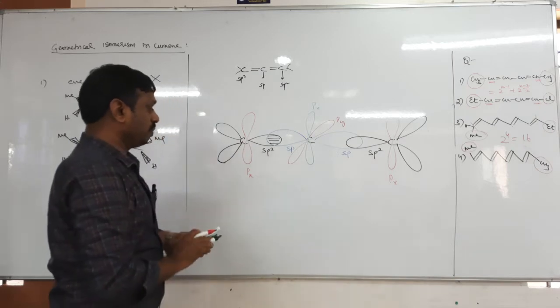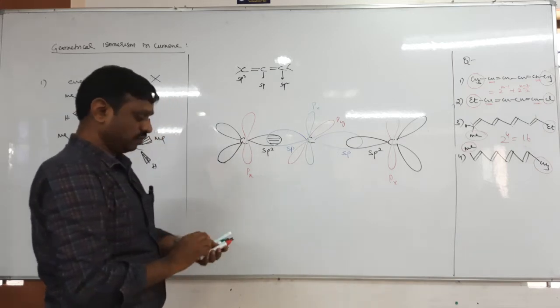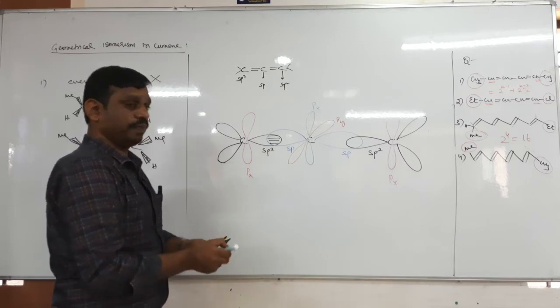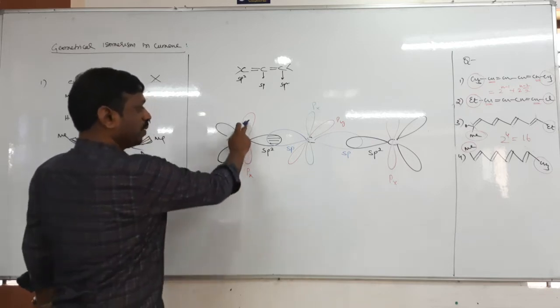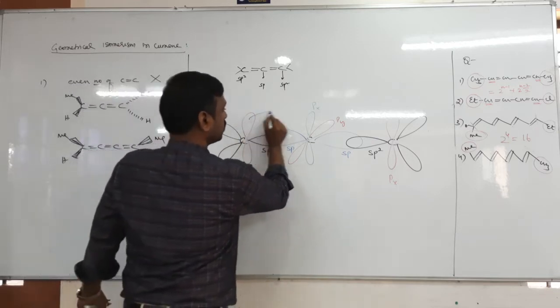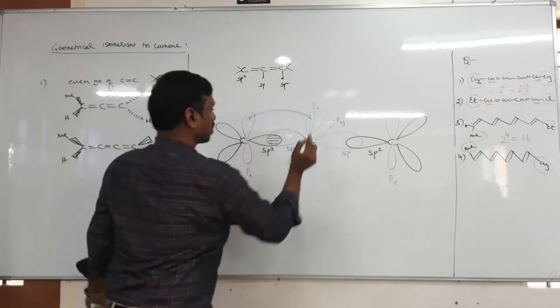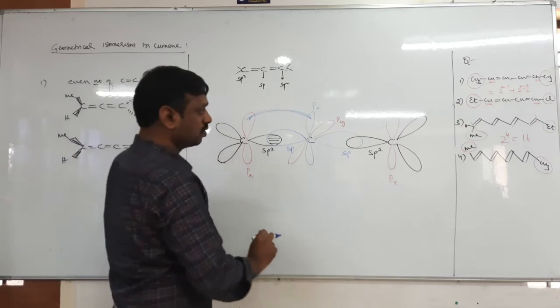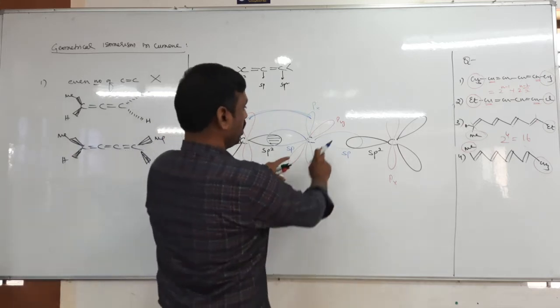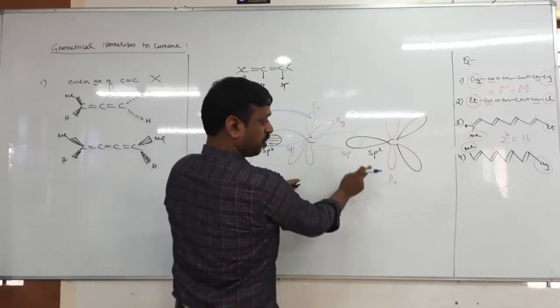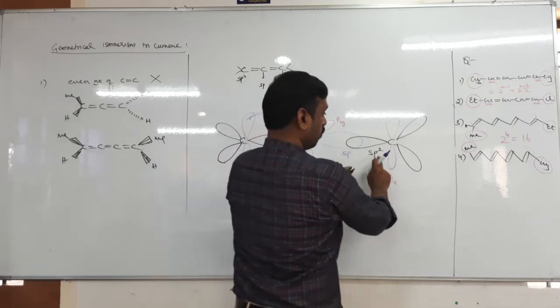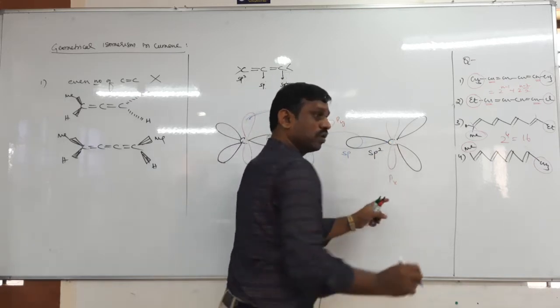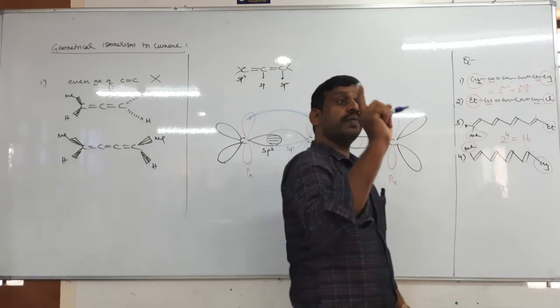Now tell me what the overlapping is. So this px overlaps with px, and px overlapping gives you one pi bond. Next, tell me, it is a py. When carbon undergoes sp2, it should have one unhybrid p orbital.